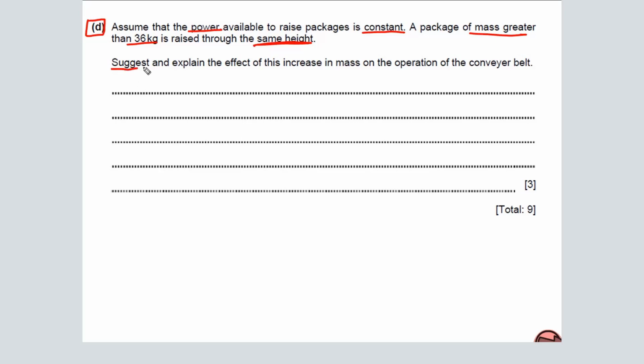Suggest and explain the effect of this increase in mass on the operation of the conveyor belt. Operation means it will take a longer time, or a shorter time, its speed will increase, or its speed will decrease. So how can we answer?